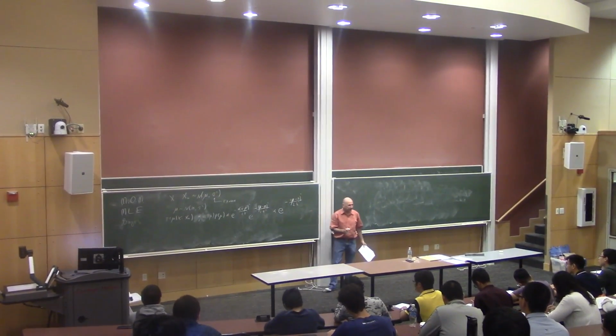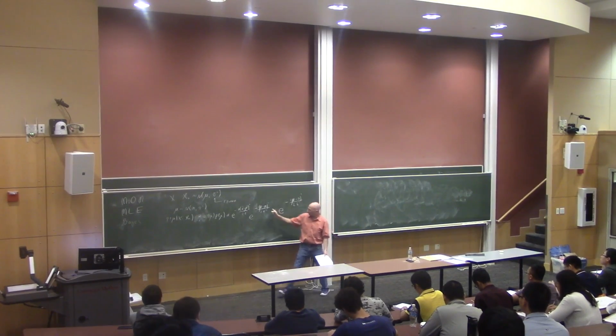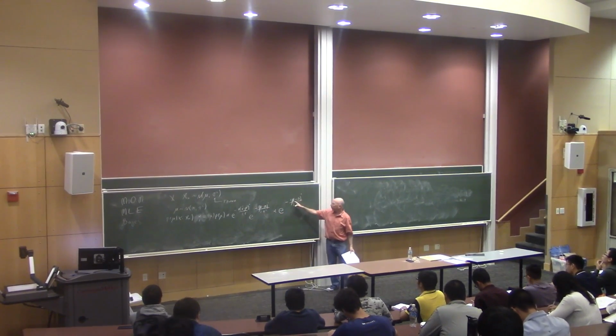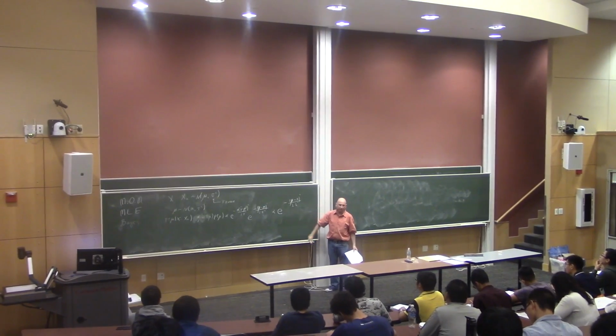Okay, so what I'm leaving out again is some simple but annoying algebra that takes you from here, which is rewriting this as mu minus something squared over something squared.